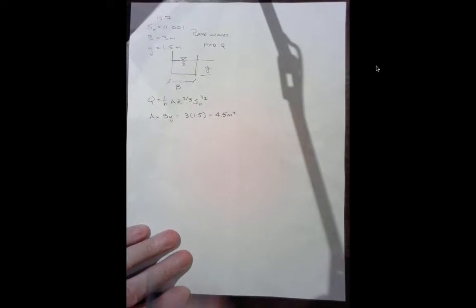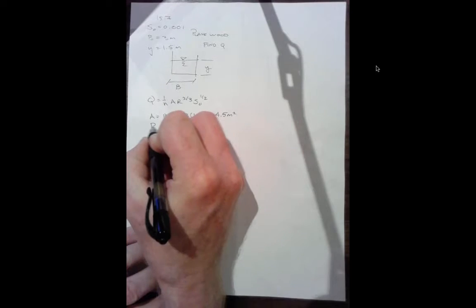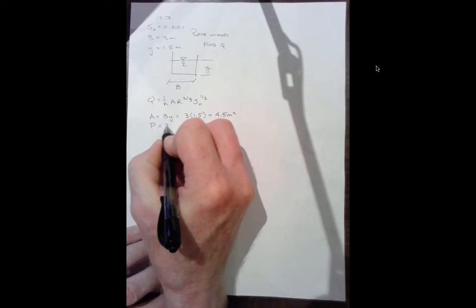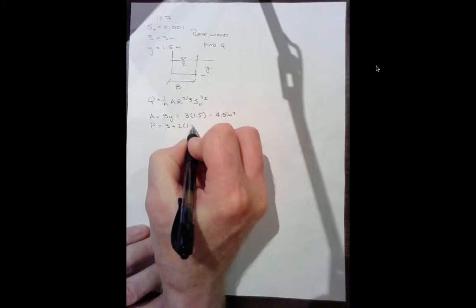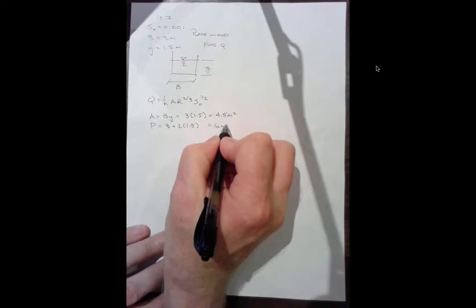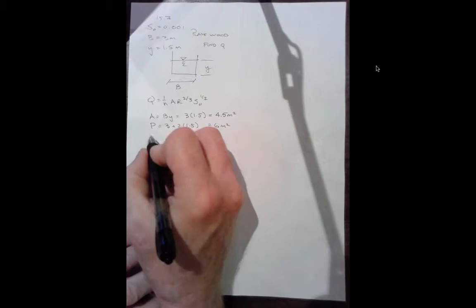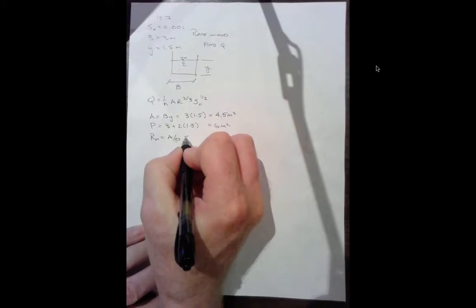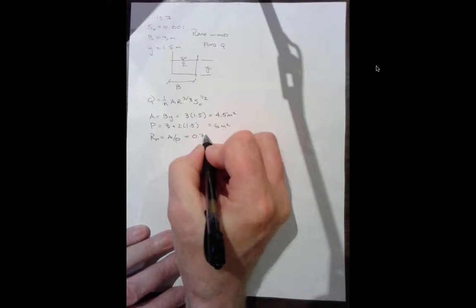The wetted perimeter is 3 plus 1.5 plus 1.5, 3 plus 2 times 1.5, which equals 6 meters. Hydraulic radius, area over wetted perimeter, 0.75 meters.